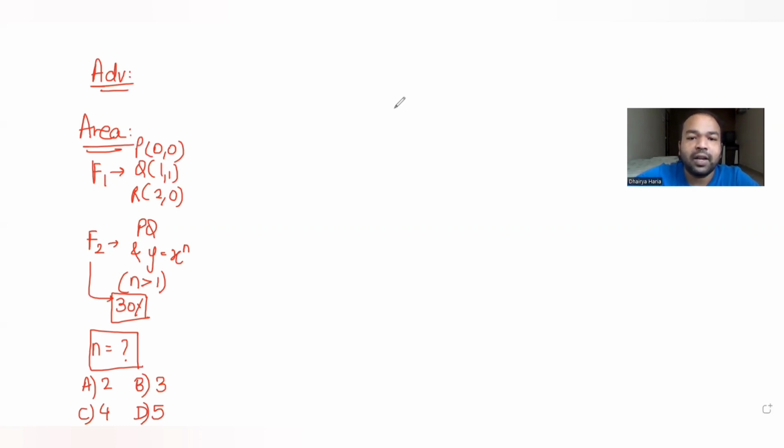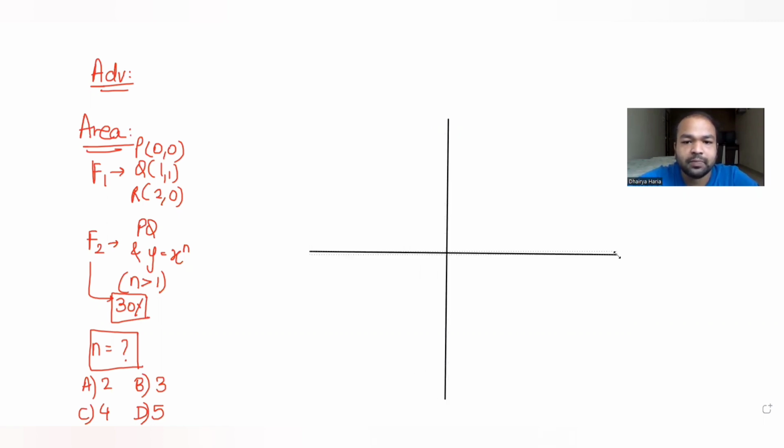Before understanding that, first let's figure out the region of farmer F1. If this is my y-axis and this is my x-axis, this point becomes 0, 0. Let's say this is 1 and this is 2. So this is your second point, 2, 0.